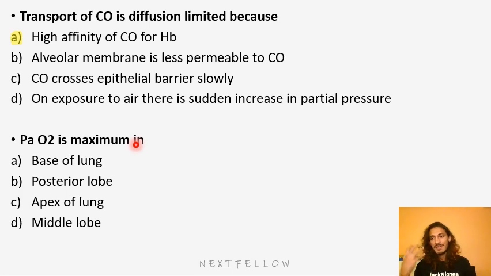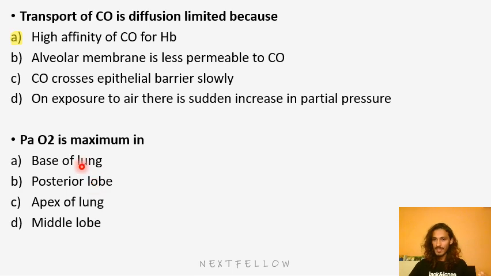At the base, perfusion is good, ventilation is good, but the ventilation perfusion ratio is more towards perfusion. In the context of oxygen, which is perfusion limited, if you go to the apex and there is some perfusion limitation, then the transport of oxygen will be lesser, so more will be inclined to go through the dissolved state.